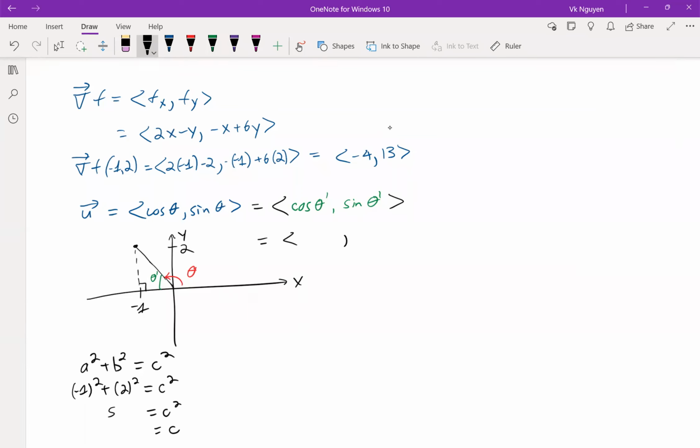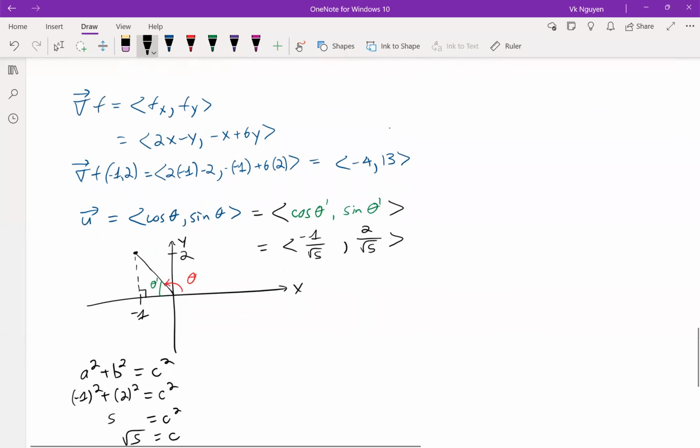So c is equal to root 5. Right? Cosine is -1 over root 5. Sine is going to be opposite over hypotenuse, so 2 over root 5.